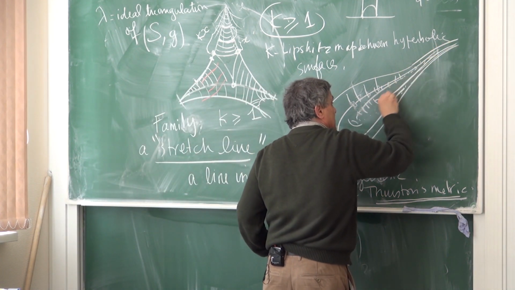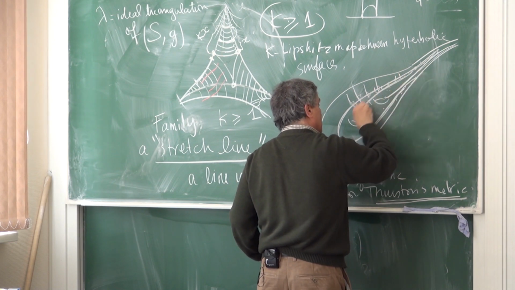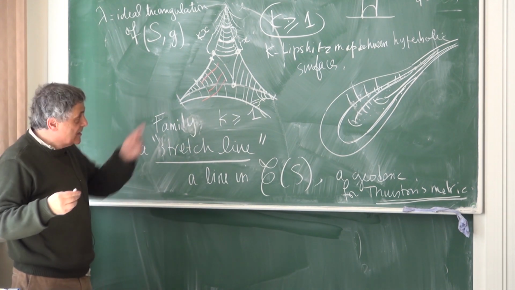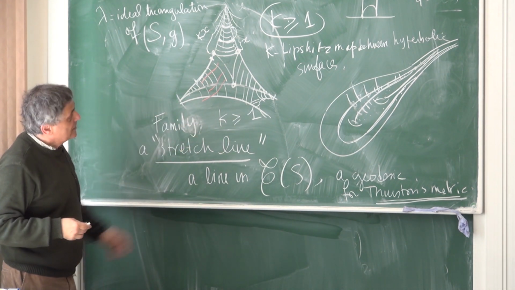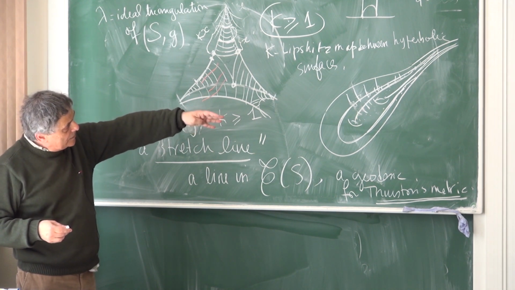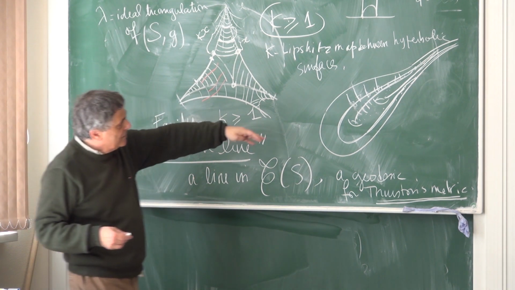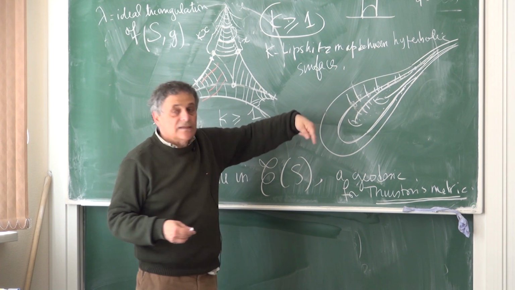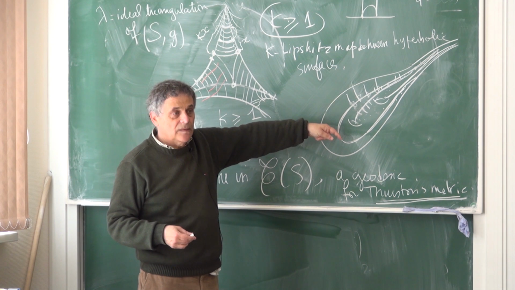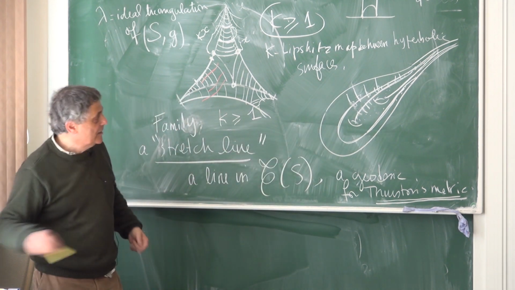Lambda is the union of these infinite geodesics. I mean, you have to show that this exists, but let's suppose that the existence of these ideal triangulations is of the same kind of reasoning as the existence of geodesics in homotopy classes of simple closed curves. It's exactly the same kind of reasoning.